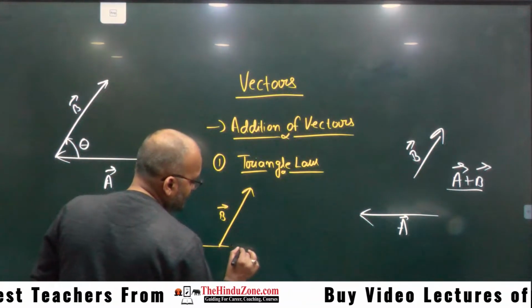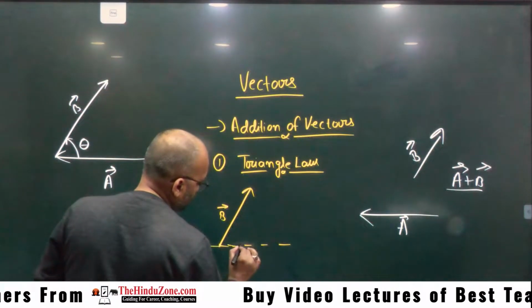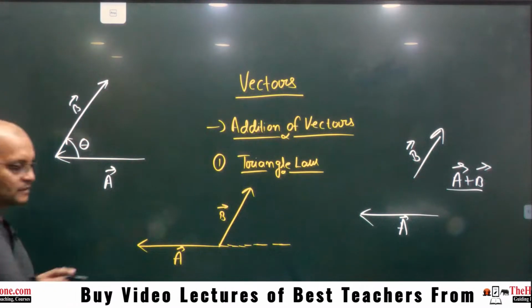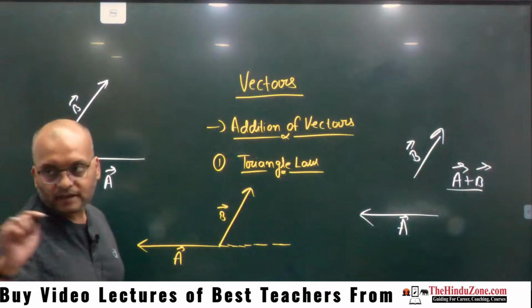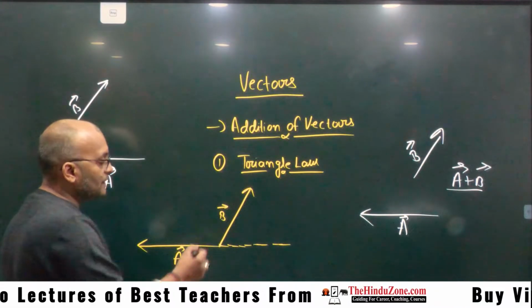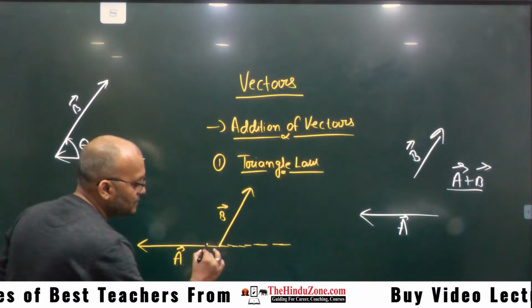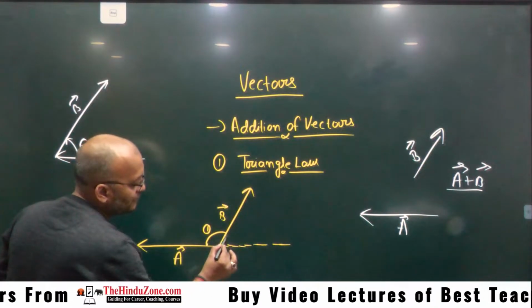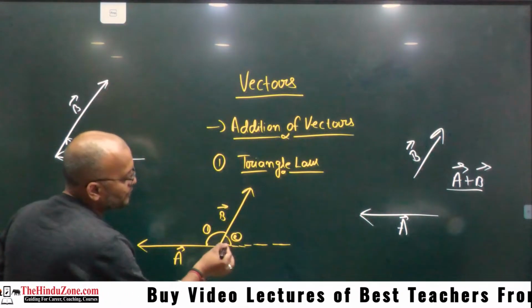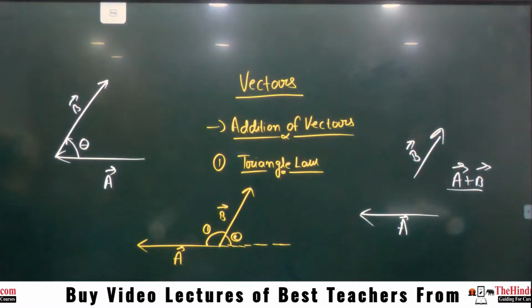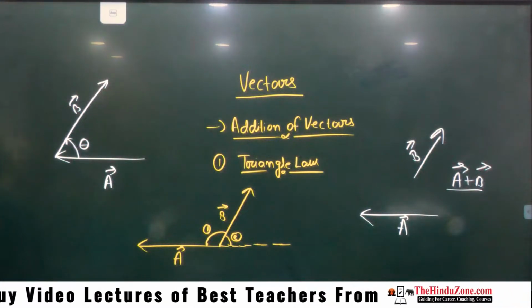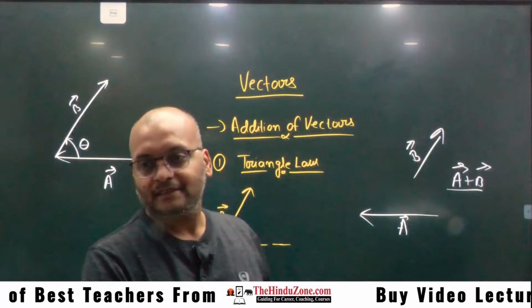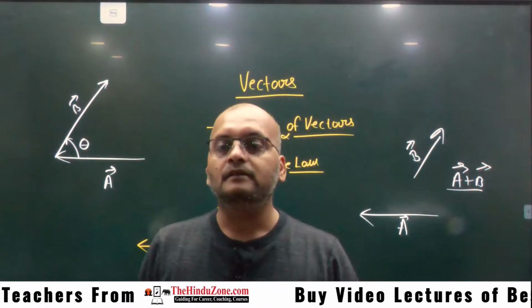And I have extended my vector A like this. Let me call this angle 1, and this angle 2. Which angle will be theta, between A and B? Sir, angle 1. Angle 1 will be theta. Very good.